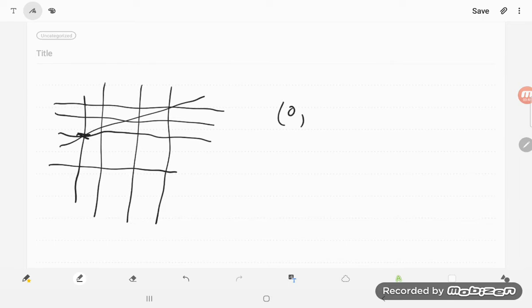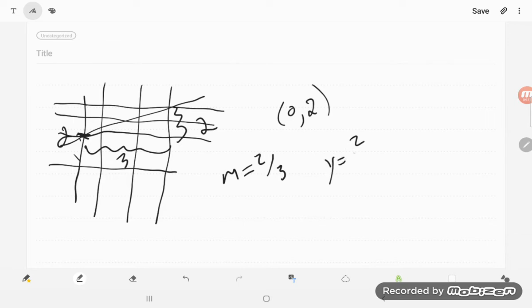Say it looks something like this, then I look there and that was 2 units, say there. And I look here and that's 3 units. So I have a slope of 2/3. And again, if I know that happens to maybe be at 2, then my intercept is 0, 2. And so I would have y equals 2/3 x plus 2 in slope-intercept form.